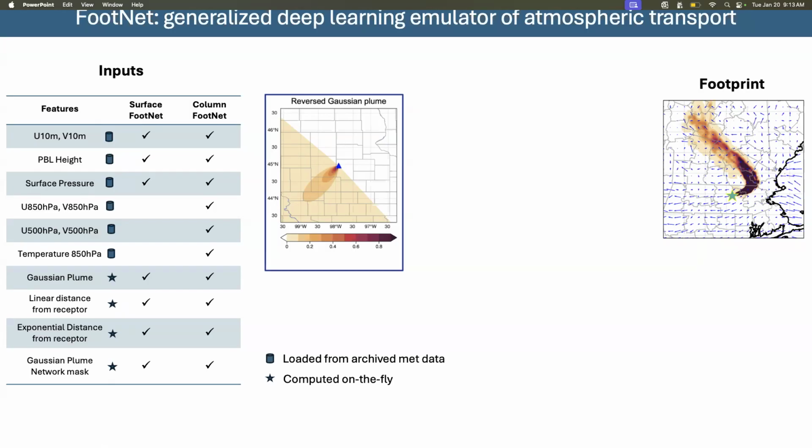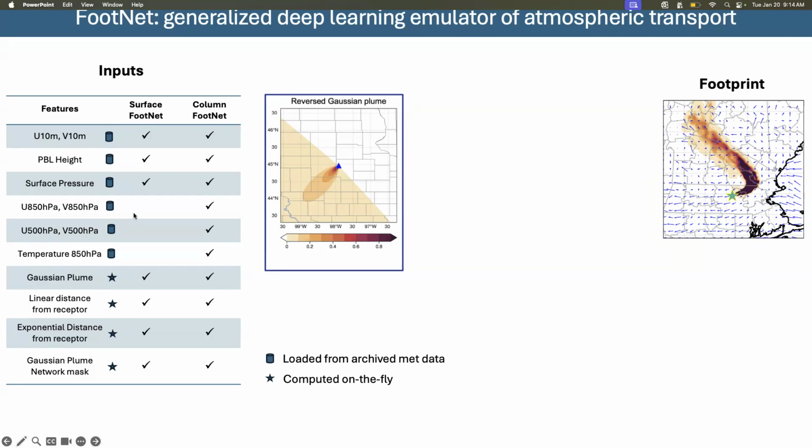We use this meteorology data for both surface FootNet and column FootNet. Surface FootNet computes footprints for surface measurements, and column FootNet computes footprints for column averaged measurements. And for column FootNet, we also use some other vertical information, for example, winds at different vertical levels, like 850 and 500 hectopascal, as well as temperature at 850 hectopascals.